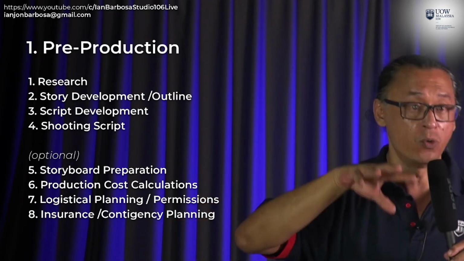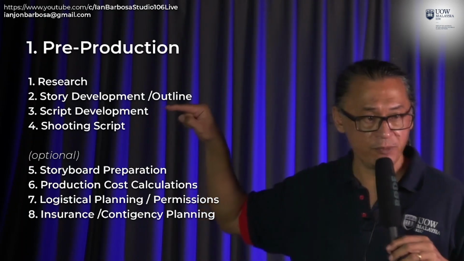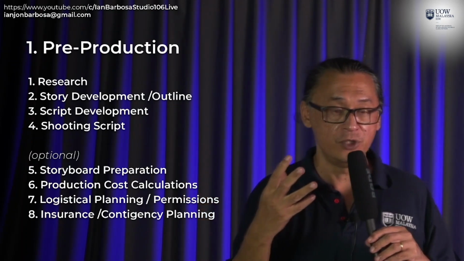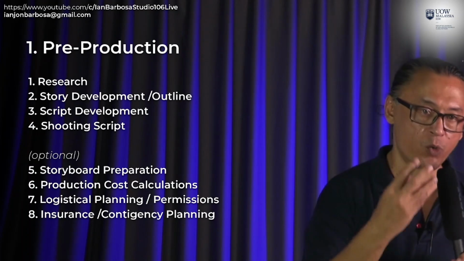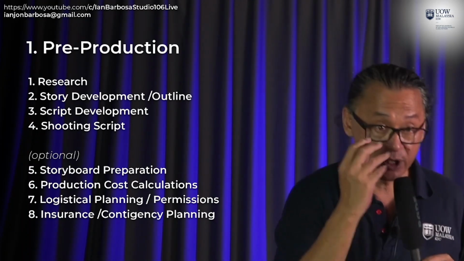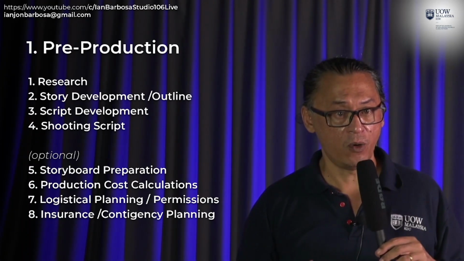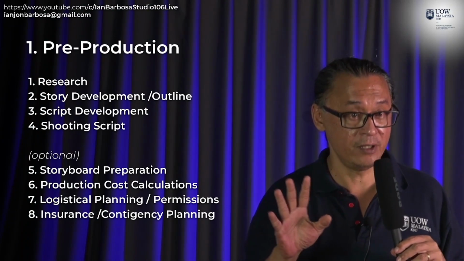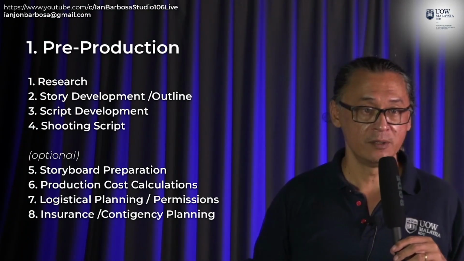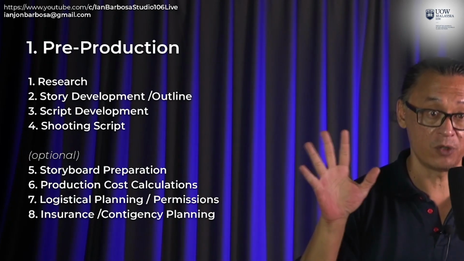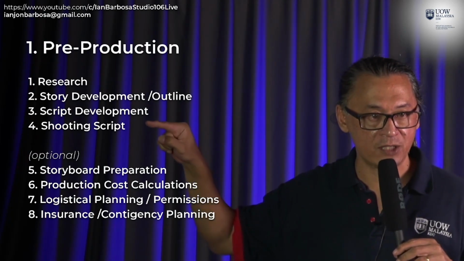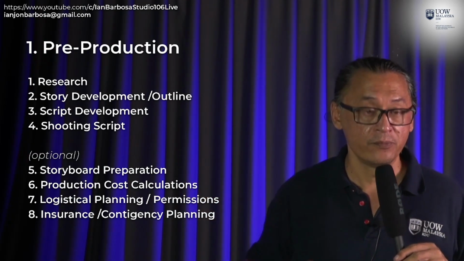What is the flow? The script development is the words. You need to give thought to the words. What words do I want to use? Do I want to say something at this point, or not? If you don't want to say anything, no problem, but you need to shoot a video. You need to show something on the screen. And that is the last one, the shooting script.